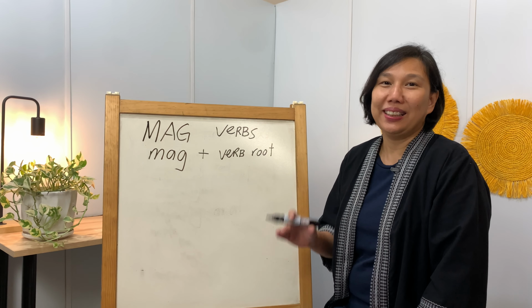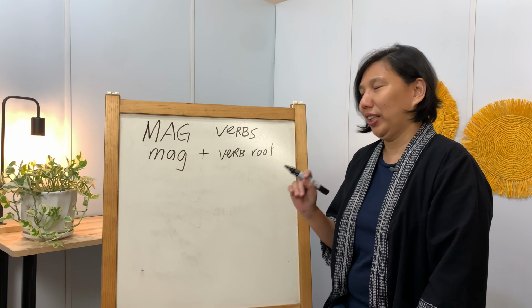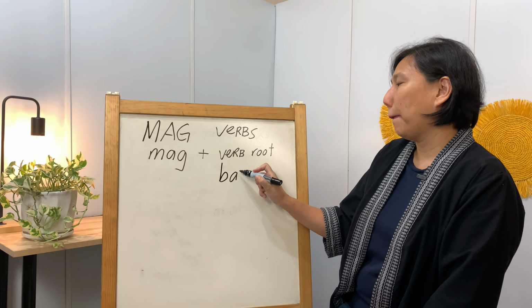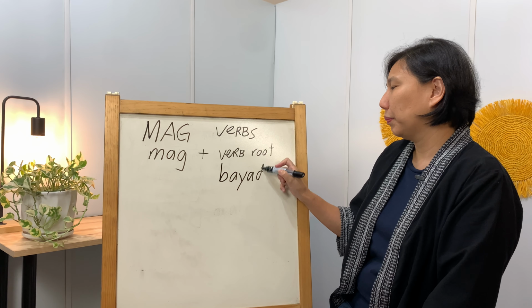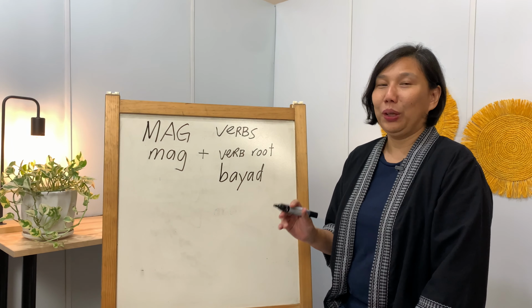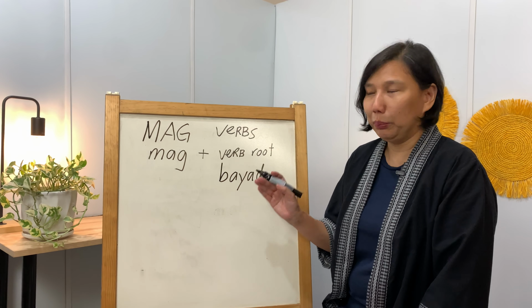Another example, this time the verb root begins with a consonant. Let's try the verb root bayad. Do you remember what bayad means? Bayad means pay. So bayad is also a mag verb.